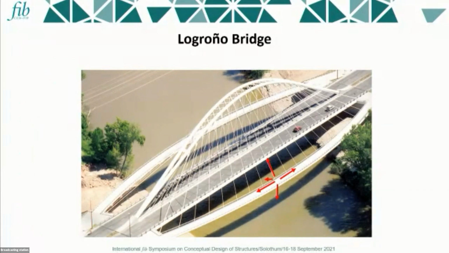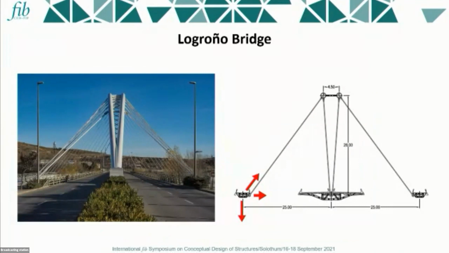And another of his works, Logroño Bridge, is very unique. You can see the very, very shallow arch and also the curved pedestrian bridge. And this is very important: this cable is anchored into the abutment. We can see the diameter of the cable is much larger than the rest of the cables. So this is the solution.